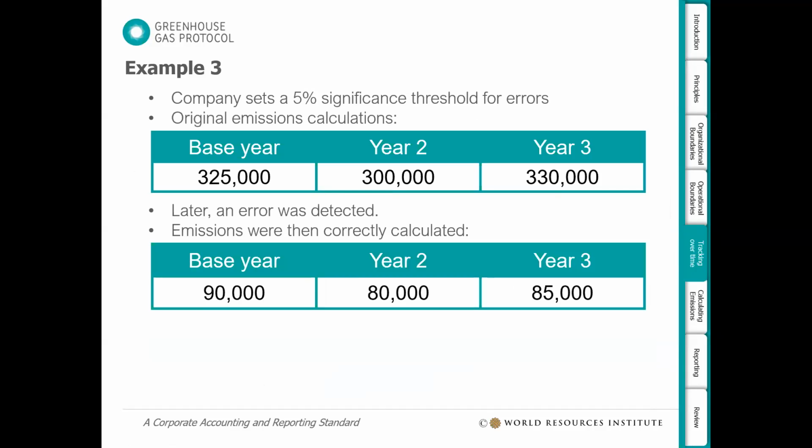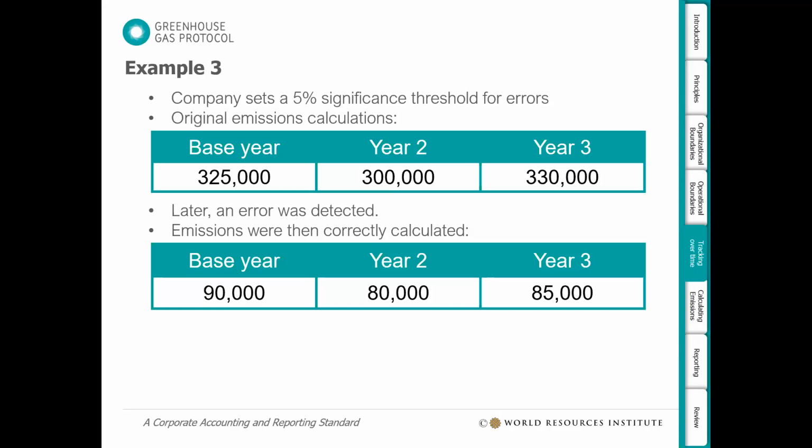Let's take another example. Here a company has set a 5% significance threshold for errors. And we see its original estimates. Later on, though, the company discovered an error and restated its base year emissions, or recalculated the emissions, rather.